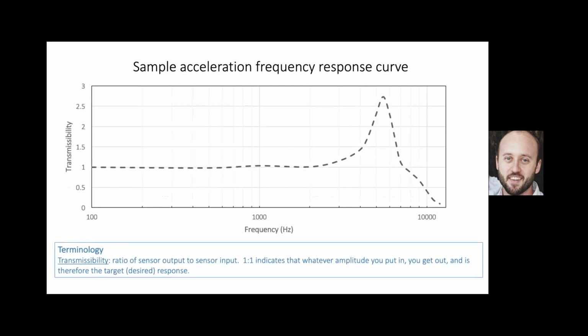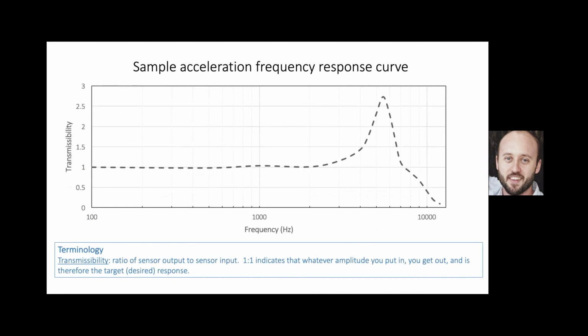So oftentimes what we're concerned with in condition monitoring is the frequency response of the device. And this is basically saying, how does the accelerometer respond when we excite it at different frequencies? Because based on that, we're going to be able to detect different types of faults.